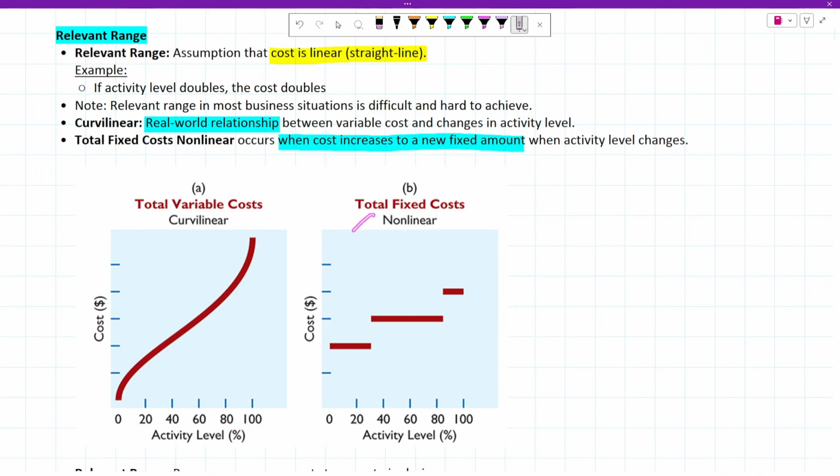And you could see on nonlinear over here, once the activity reaches a specific amount, so let's say this is around 30, once our activity level reaches 30%, our cost jumps straight to whatever this point would be. And the same thing could be said with 90. So once our activity level reaches 90%, it automatically goes to the next fixed cost. And that's why it's called total fixed cost, but it's non-linear. Since it's not a straight line, it's more just bars.